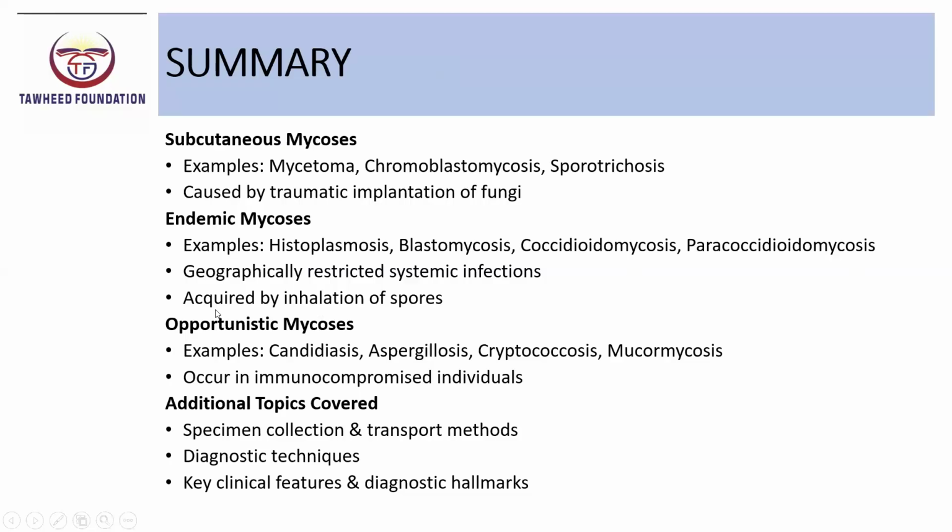It is acquired by inhalation of spores. Opportunistic mycosis, examples include candidiasis, aspergillosis, cryptococcosis, and last is mucormycosis. It occurs in immunocompromised individuals and generally will not be present in healthy individuals because their immune system is strong compared to immunocompromised individuals.